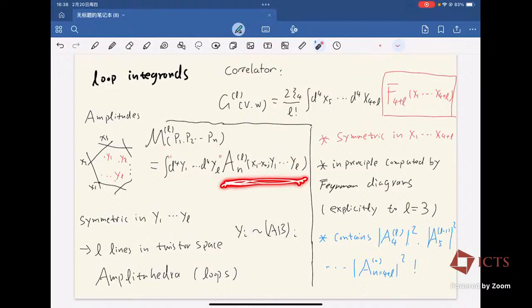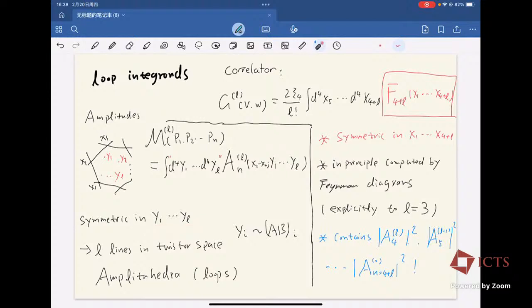This will be the focus of most of the first half of the talk: the loop integrand that depends on the external points and also on the loop points. It's cyclic in x_1 through x_n, but permutation symmetric in y_1 through y_L.